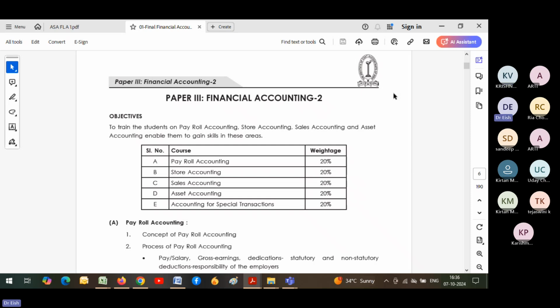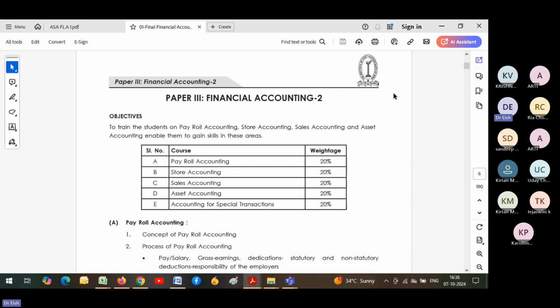So after CAT level 1, you are exempt from the foundation when sitting for the ICWA or ICMA exams. So that is the groundwork for ICWA.